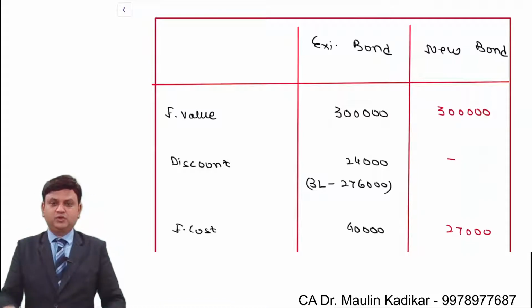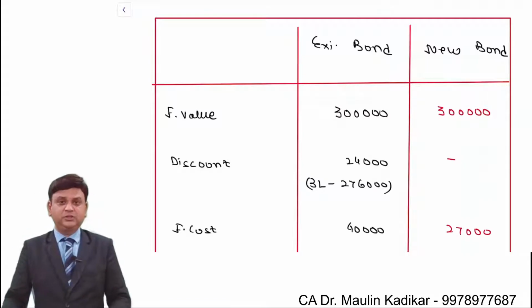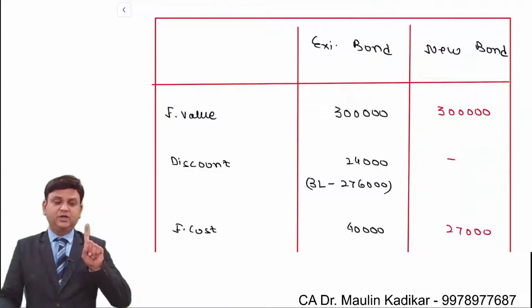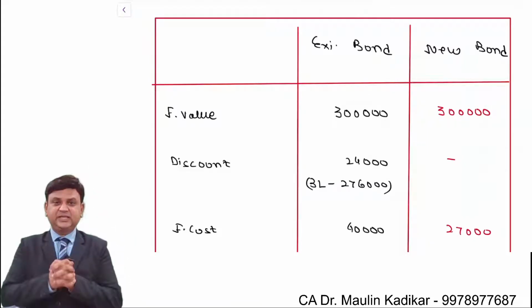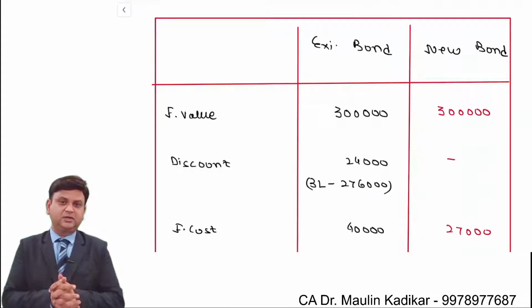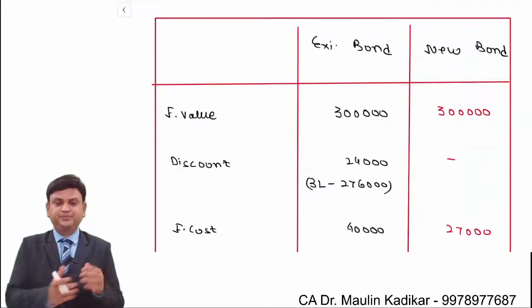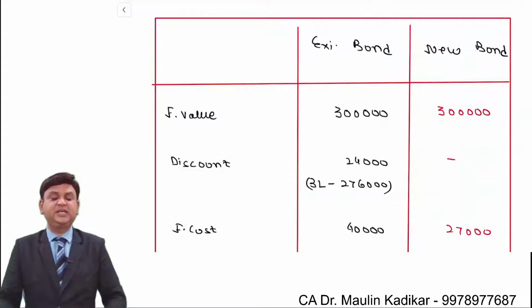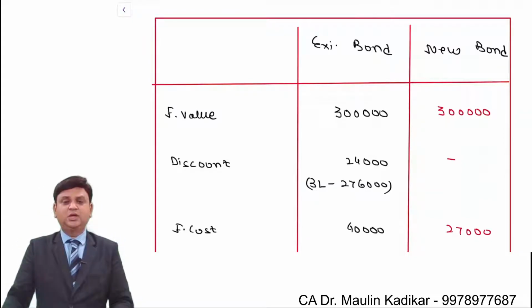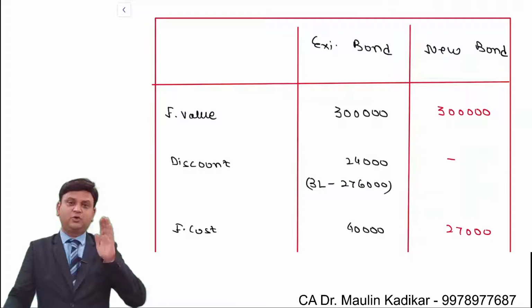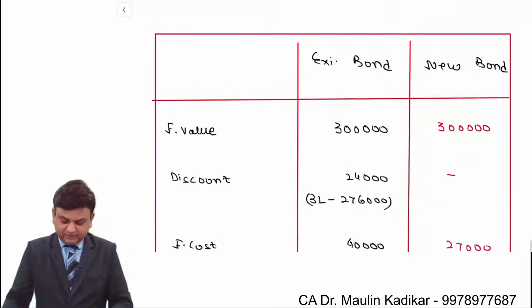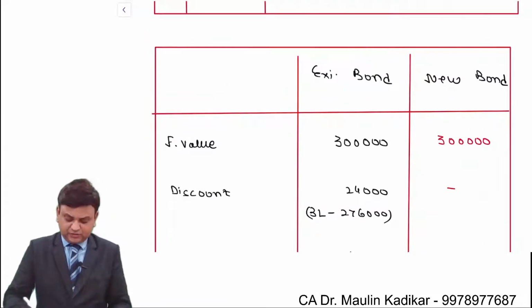In case of the mutually exclusive option, we are going to select one of the two, either the existing one or the new one. For the purpose of decision making, there are two approaches that we have. One is named the whole project point of view, and the second is named the incremental approach. What are we going to do in the whole project point of view? We'll calculate the total cost for option A, the existing bond.